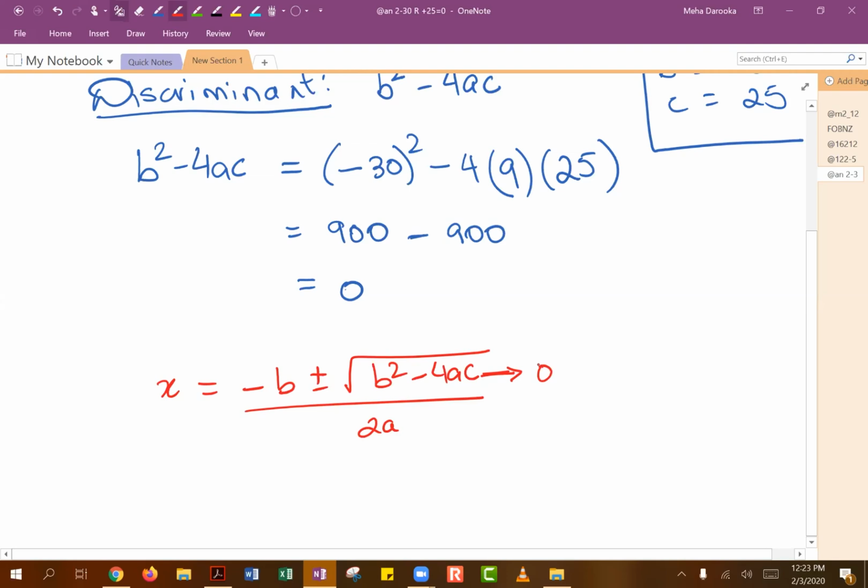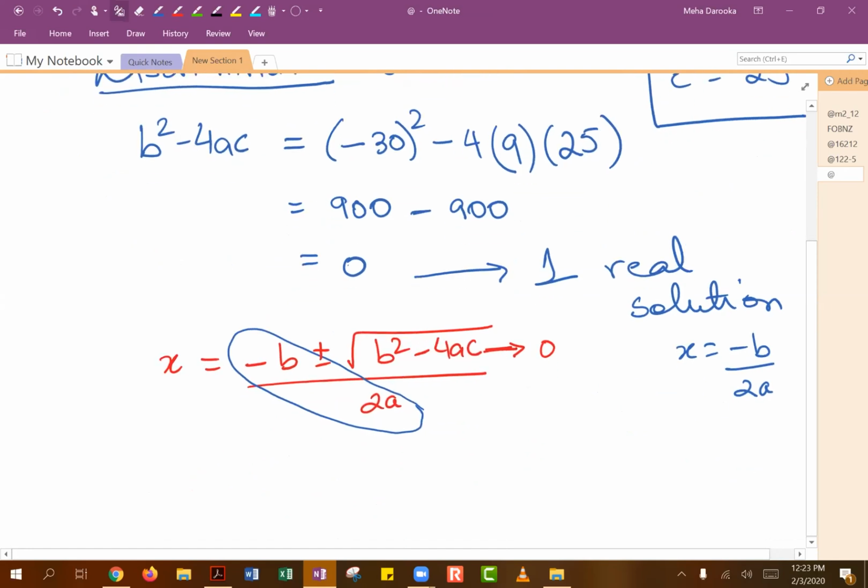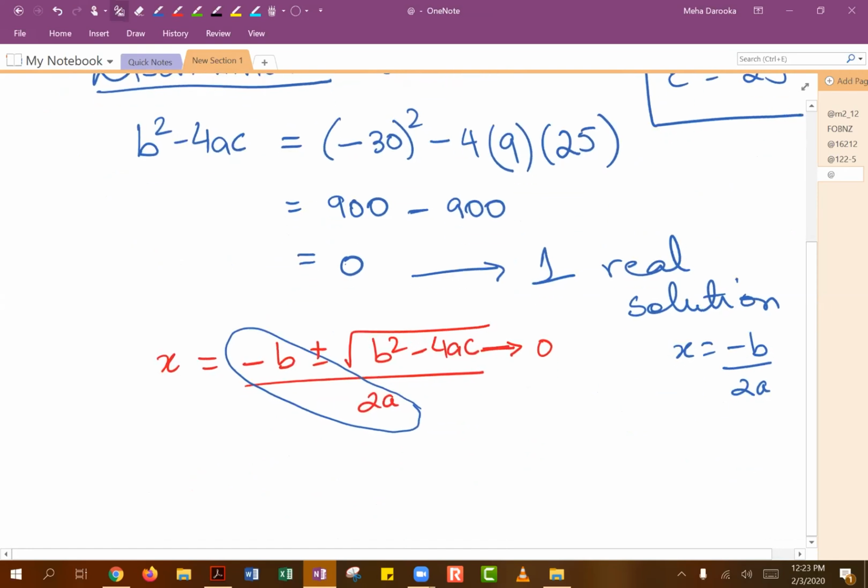Which means you will have one real solution, and that will actually end up being this portion just here, negative b over 2a. And that is your solution, negative b over 2a. Yeah, so whatever those numbers come out to be, which is what, negative 30 over 2 times 9. Because remember, if this part is coming out to be 0, that means you're only going to be left behind with this part. So yeah, that comes out to be your single solution.